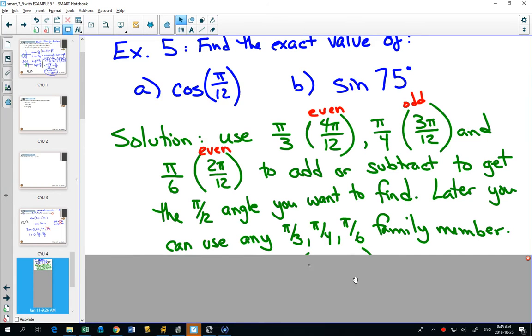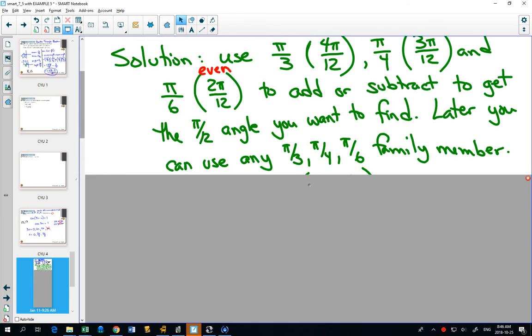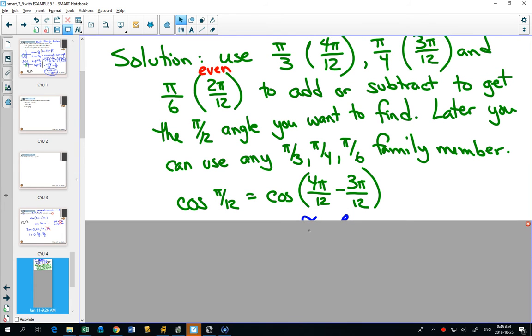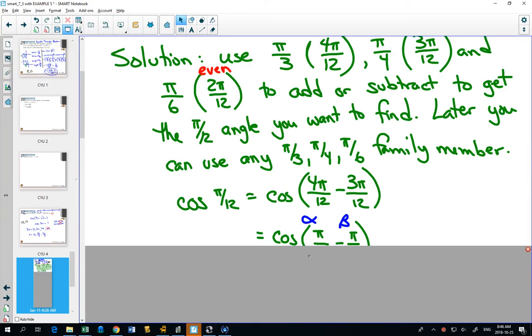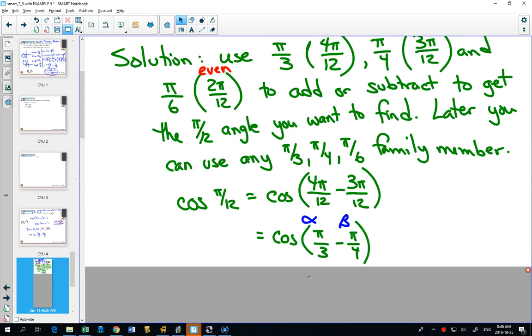So what we do to start off is we say, I know that cos of pi over 12 is equal to, and I'll write it with the pi over 12s, 4 pi over 12 minus 3 pi over 12. Not on your scrap paper, in your notes. And so what that means, if I reduce it, is cos of pi over 3 minus pi over 4. And this is an alpha and beta formula.